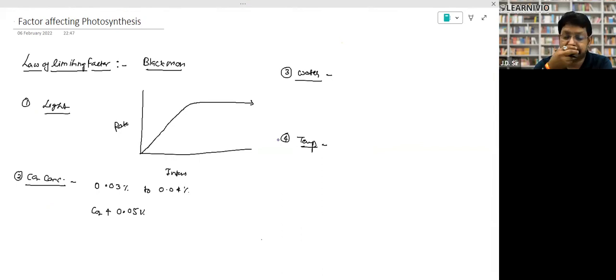Suppose you are making tea. How many cups of tea can be made? It will depend on the amount which is present in the least amount. Suppose you have only 2 cups of water, you cannot make 4 cups. You cannot make more than 6 or 7 cups of tea.